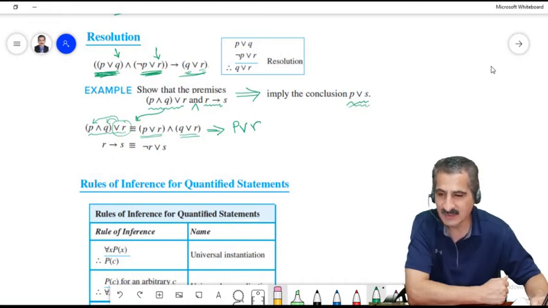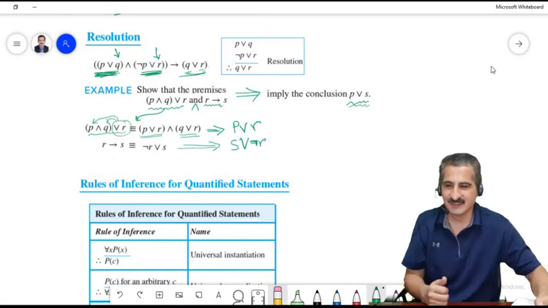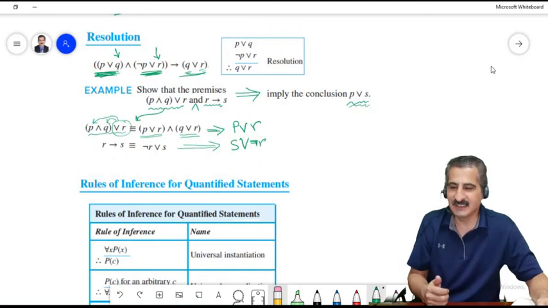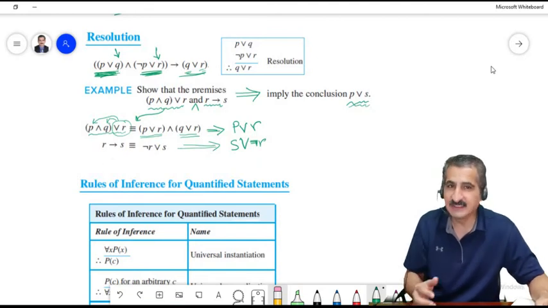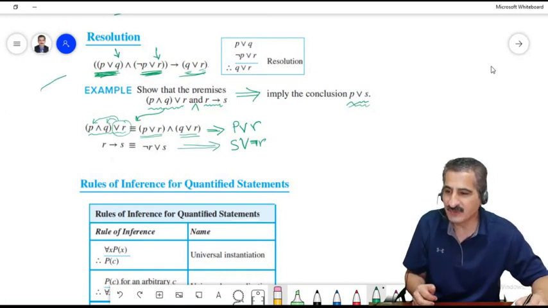Okay? And here we have, let me move it to here, not R or S is happening. So, not R or P, not R or S. So, if we go back to the resolution here, which variable takes the role of P is R.